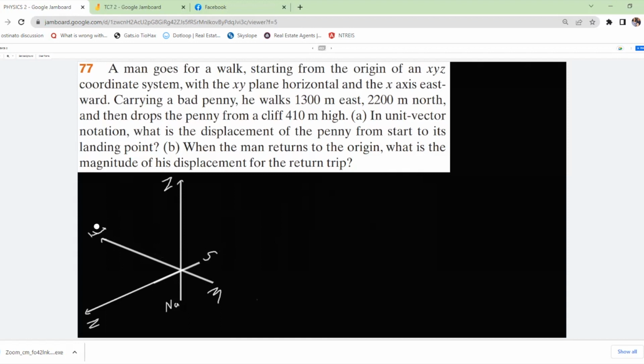Walks here. Makes sense. Tapos, yung green ba doon? I'm confused. Red. Wait a minute.